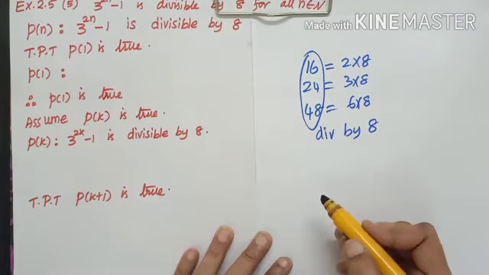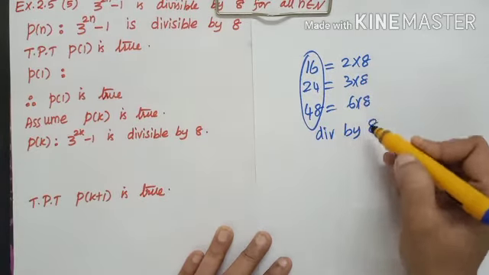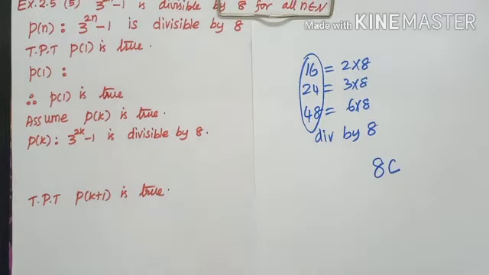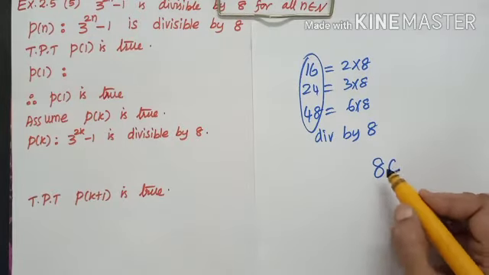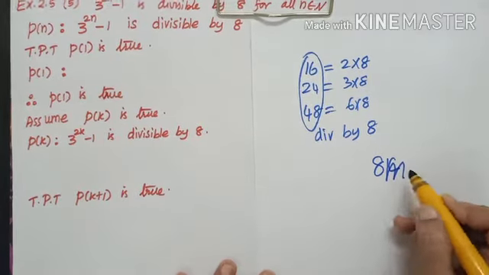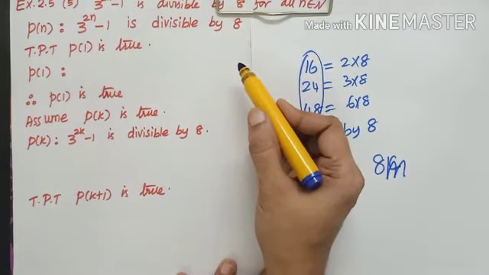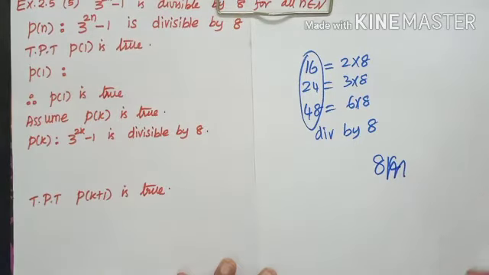What do you understand? Whenever I say divisible by 8, it is a multiple of 8, or in general I can say 8c, 8m, or 8n. Divisible by 8 tells me it is equal to 8m for some m.